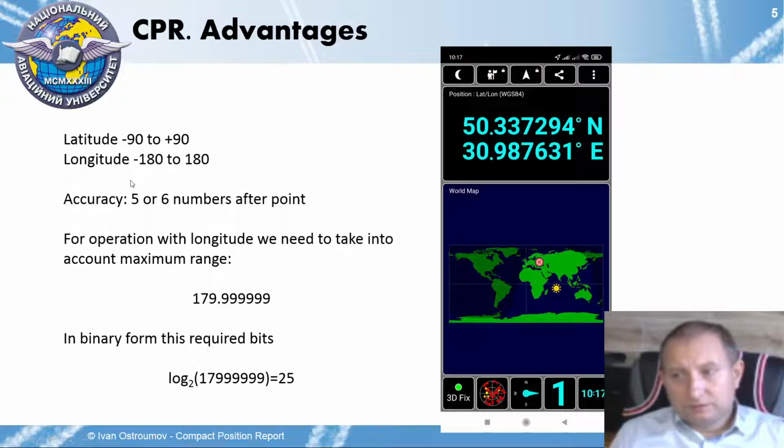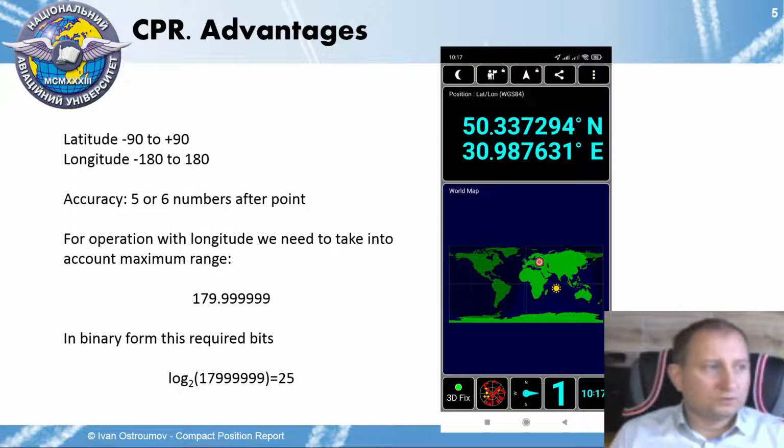That's why you see, if we use GNSS, it gives us 3 digits of longitude, and for latitude it will be 2 digits. Then we need to use a point, and then 5 or 6 digits with numbers.